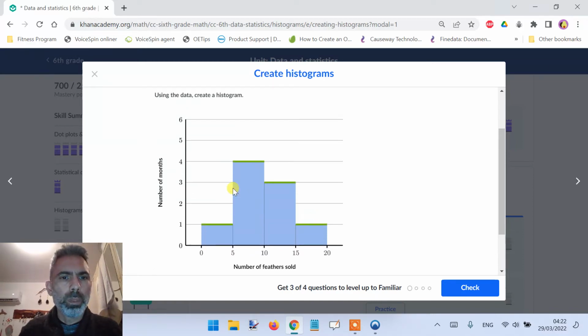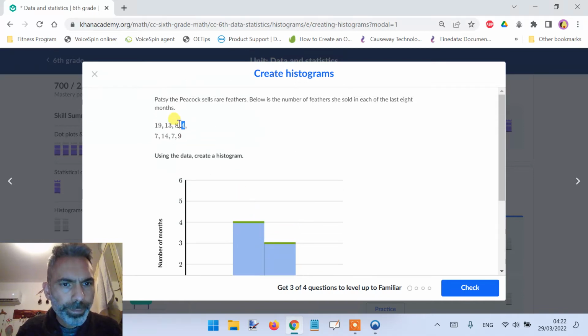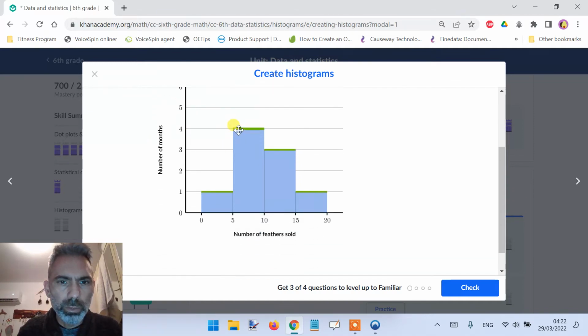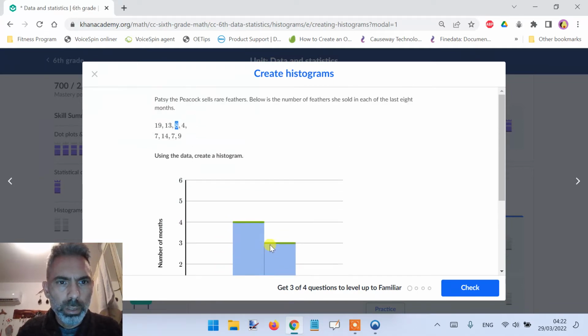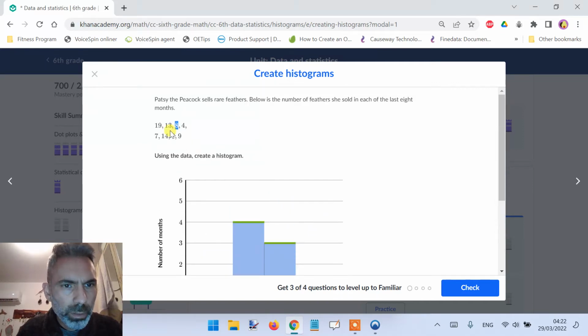Okay. The next bar between 5 and 10. So here she sold 8. She sold here 7 and 7 and 9. So 1, 2, 3, 4 months where she sold between 5 and 10. And the next bar is between 10 and 15.